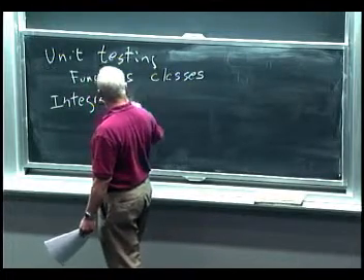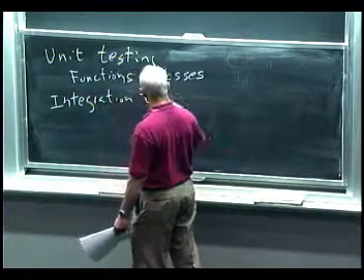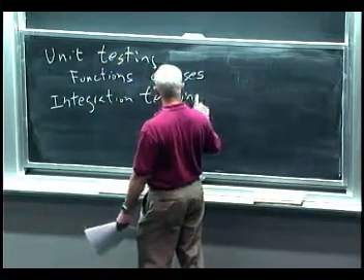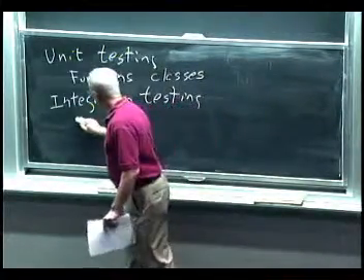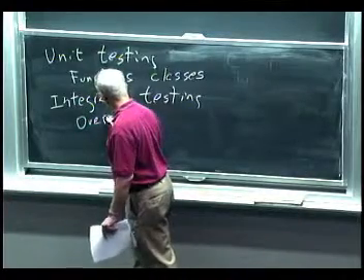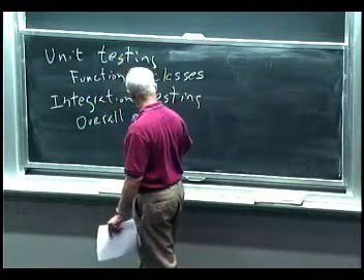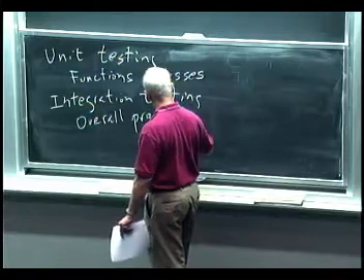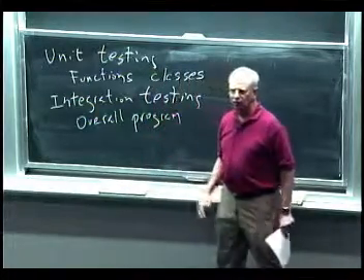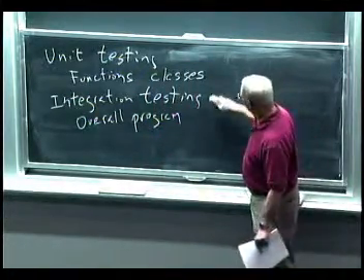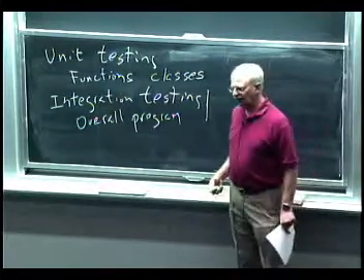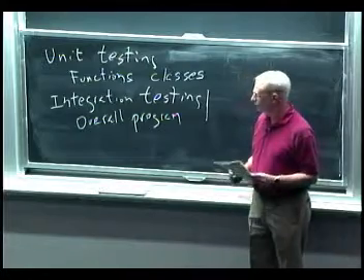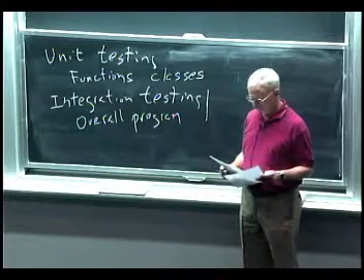The other kind of testing is integration testing, where we put our whole program together and we see, does the whole thing work? People tend to want to rush in and do this right away. That's usually a big mistake, because usually it doesn't work.